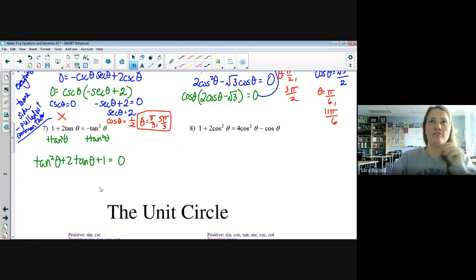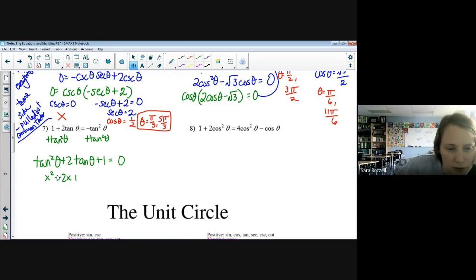And then once we've factored it, we're going to put the tangents back in. So I'm going to write this instead of tangents, I'm going to use an x so that it's going to help your brain think, oh, I factored that millions of times. So x squared plus 2x plus 1. So instead of tangent, I just wrote an x. Just so your brain can recognize that this can be factored as well.